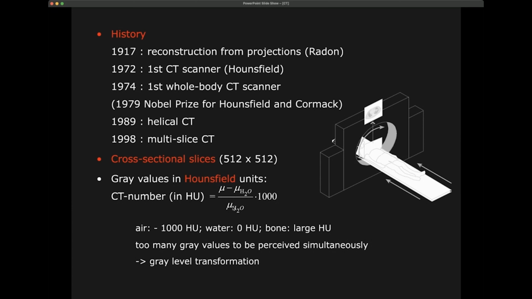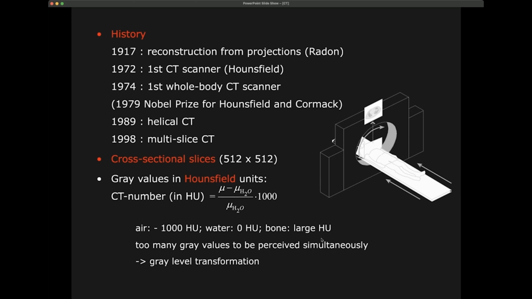Hounsfield units are always with regard to the absorption of water, so you compare it to the absorption of water in such a way that water is 0. For example, bone becomes a very large value, and air, of course, becomes a very small value, because given that the atomic concentration of air is so low, it has almost no absorption for X-rays.